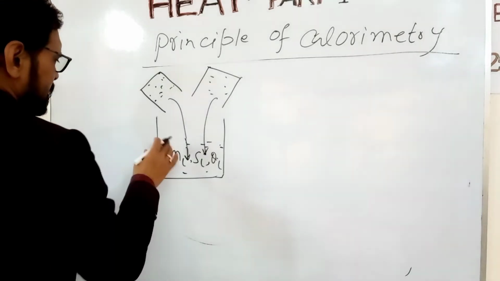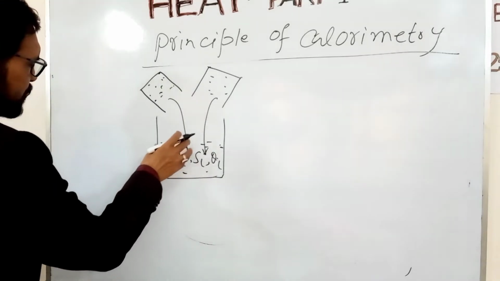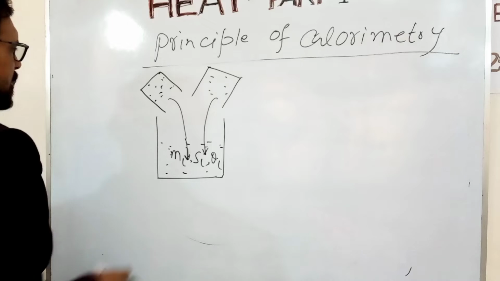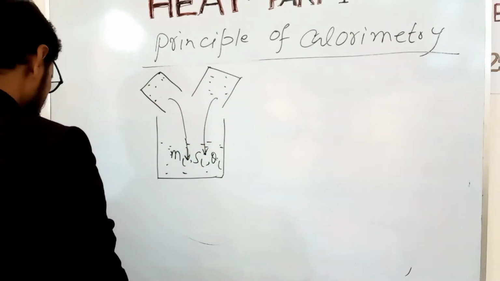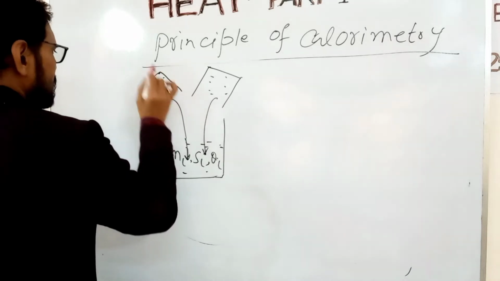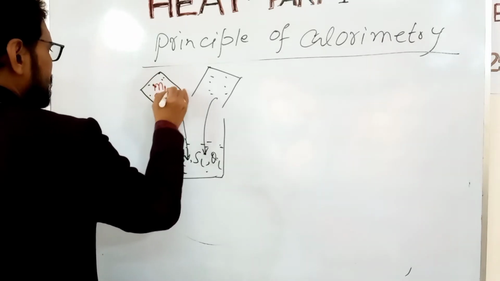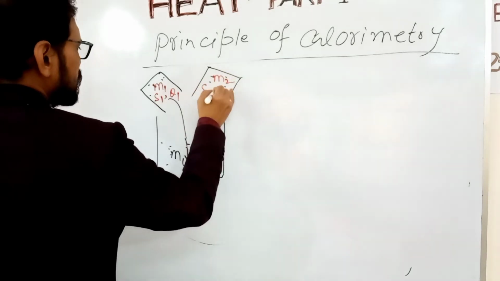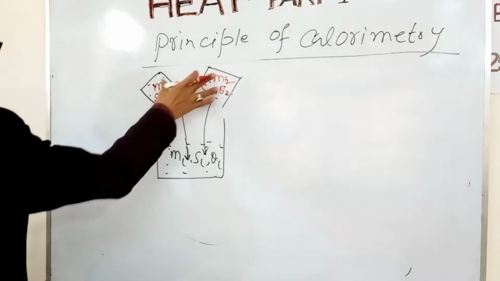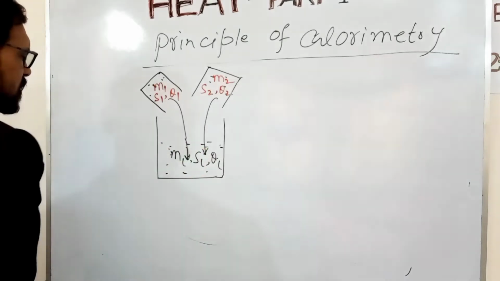This container initially has some liquid, and two different liquids of different temperatures are added. Suppose the first liquid has mass m1, specific heat s1, and temperature theta 1, and the other liquid has mass m2, specific heat s2, and temperature theta 2. These two liquids are mixed with this liquid.